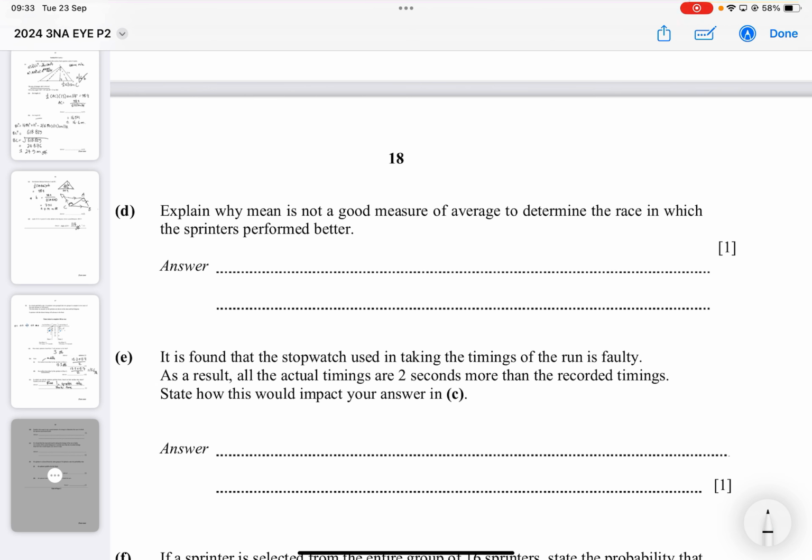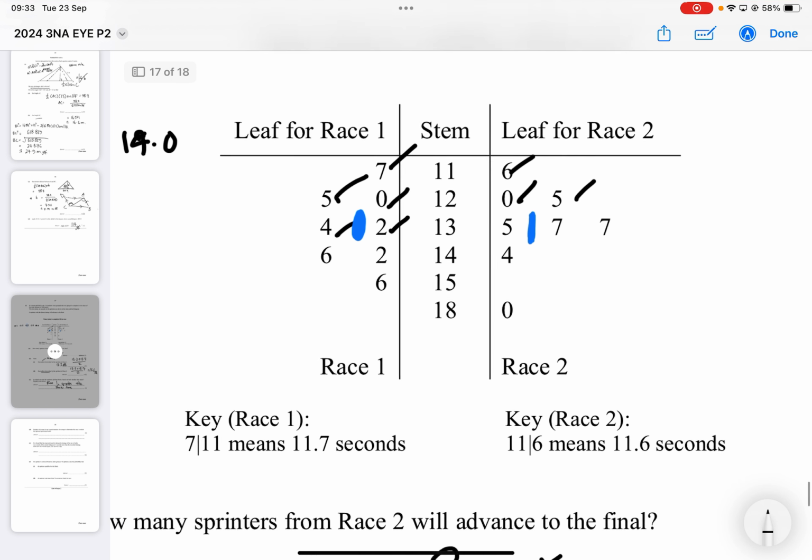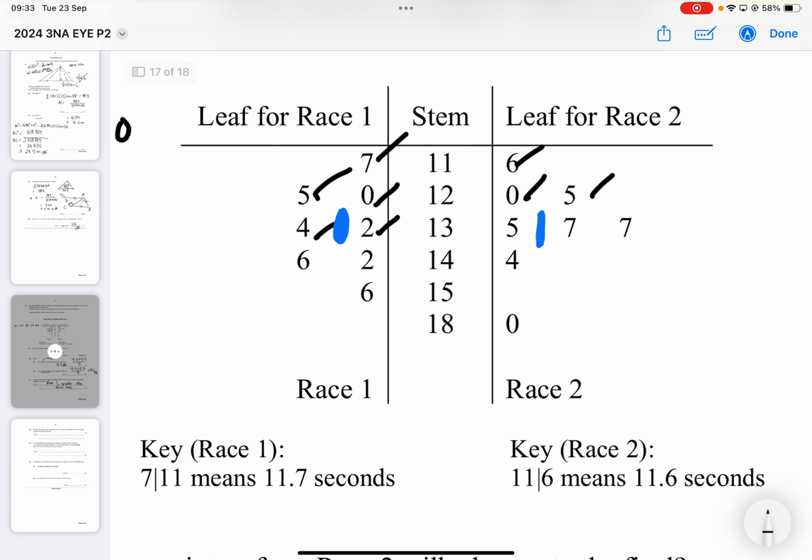Yes, when there are extreme values, meaning your entries are very few. You only have 8 entries, and then you have one very extreme one, 18.0. Then the rest, actually they are concentrated around here. But this one person is going to pull your mean a lot higher.